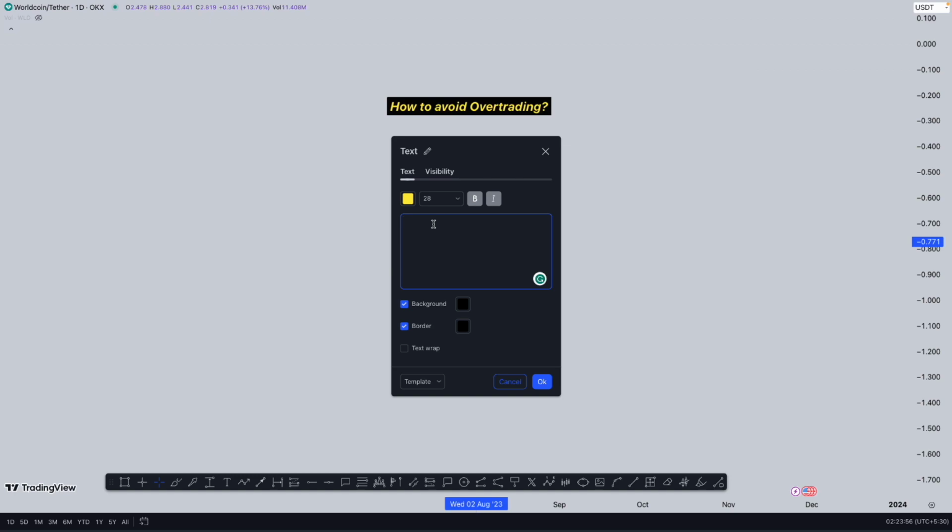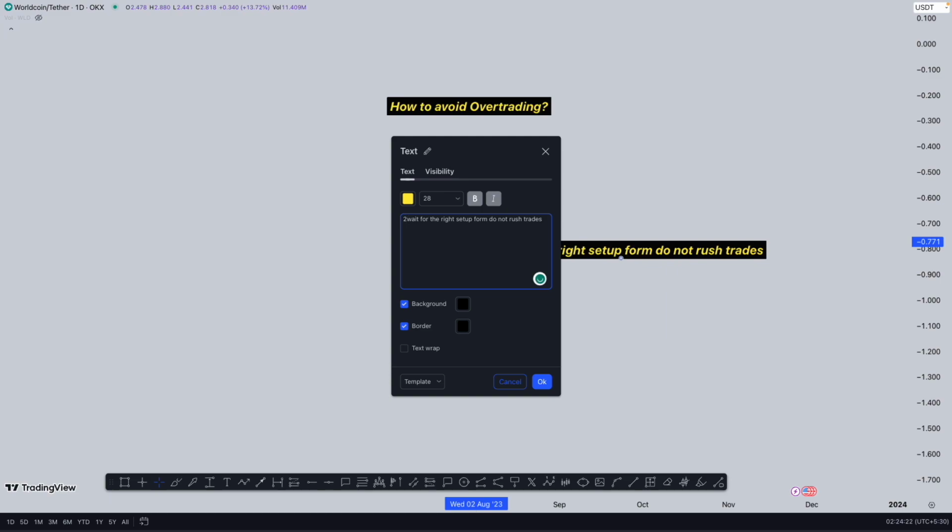So it is important that you wait for the correct setup to form and do not rush trades. The second step is very important.